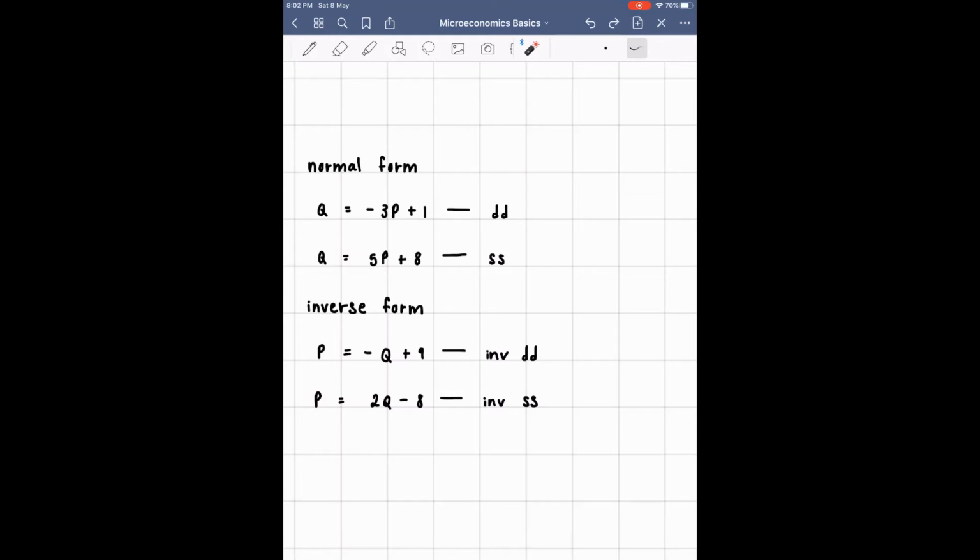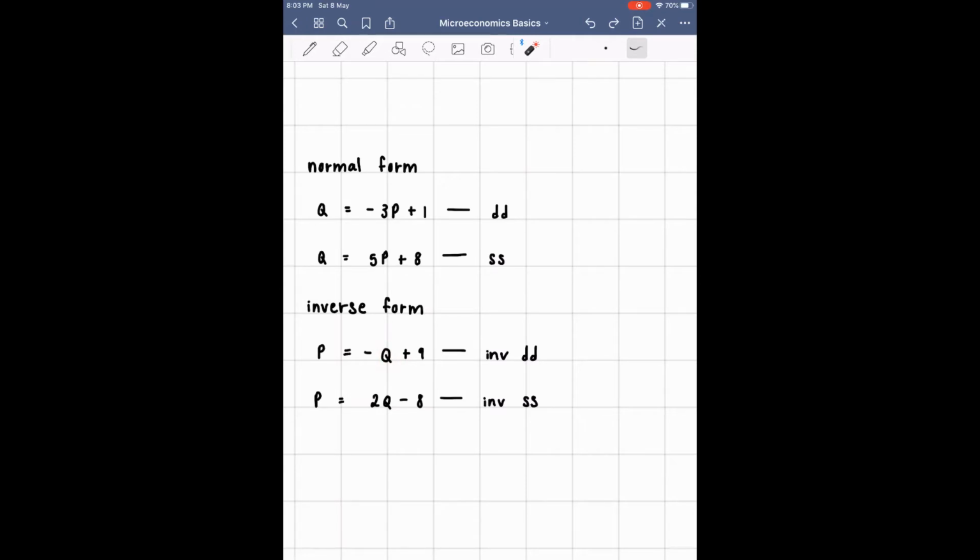The same finding holds that the demand function is negatively sloped, downward sloping, so we have a negative coefficient associated with the Q. But the inverse supply function is upward sloping, so we have a positive coefficient associated with the Q. So again, the key point is that the inverse form of demand and supply functions always have the price, P, expressed in terms of Q.